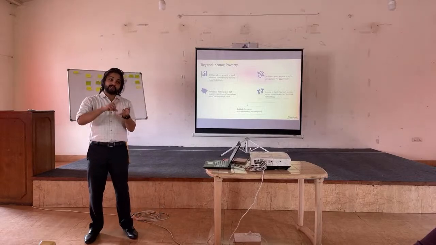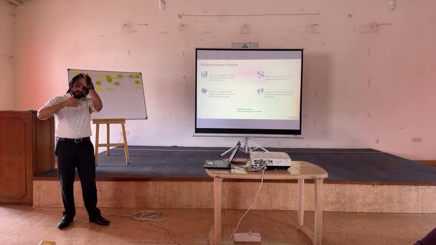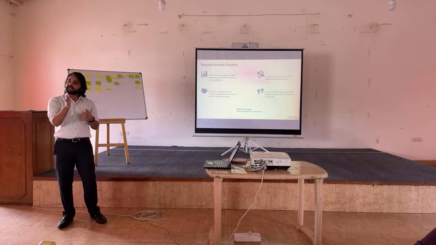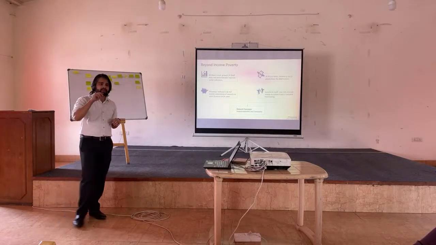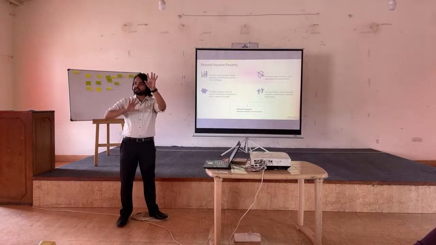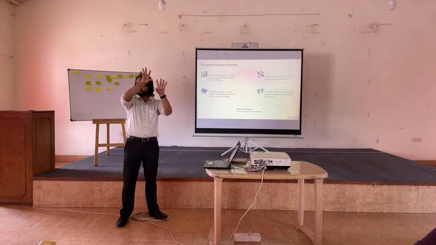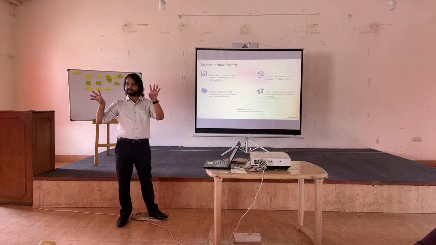If you've got a woman from an income poor household in a scheduled caste background, the layers actually add on an additional set of challenges for them to surmount, and that is nothing but intersectional identities, right?